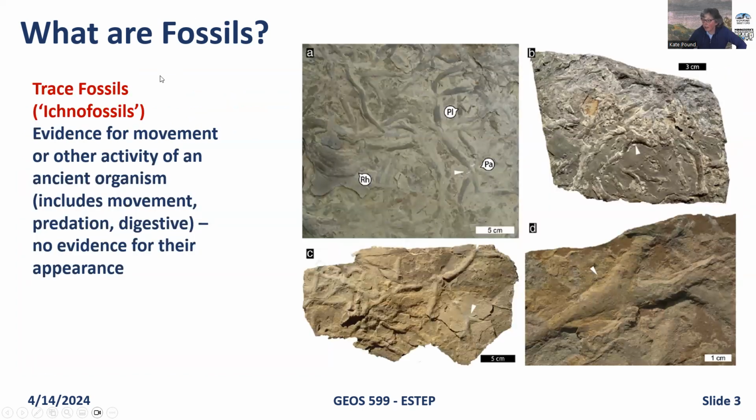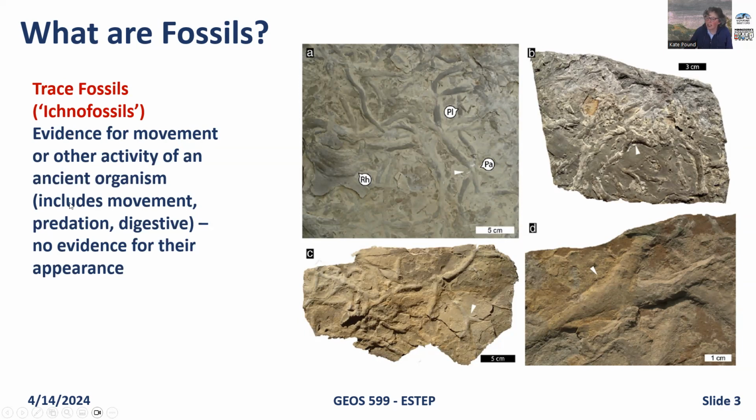Now, the other type of fossil in our nice, tidy organization here is trace fossils. These also get called ichnofossils. What are trace fossils? They're more like patterns in the sediment that provide evidence for movement or some kind of other activity of an ancient organism.